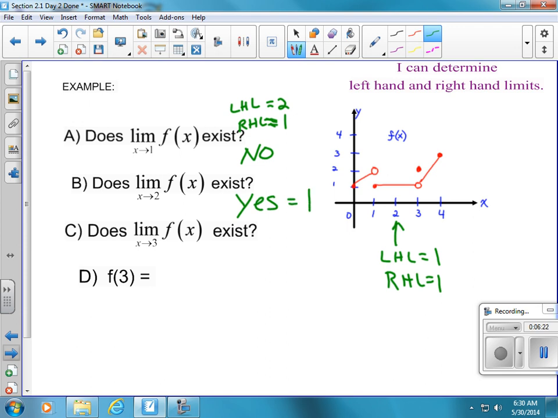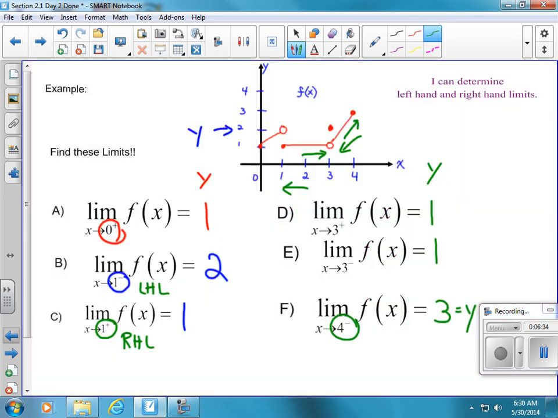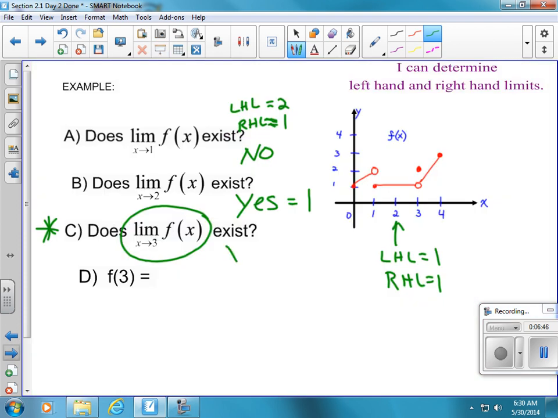At x equals 3, and this is probably the trickiest one, as x goes to 3, remember, two pages before, we said the left-hand limit at 3 was equal to 1, and the right-hand limit at 3 was equal to 1. Therefore, does that limit exist?